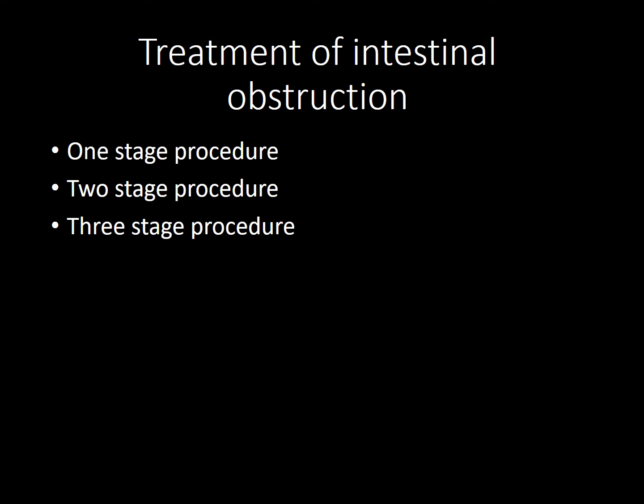So this is a one-stage procedure. It should be done by a senior doctor, should not be done on the weekend. The patient is healthy, the patient is well prepared for the colonic resection.